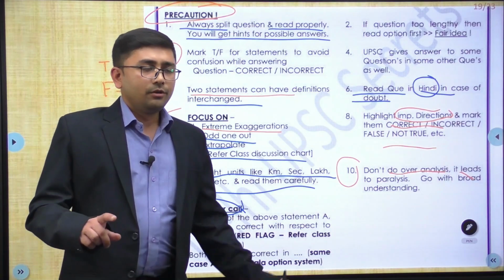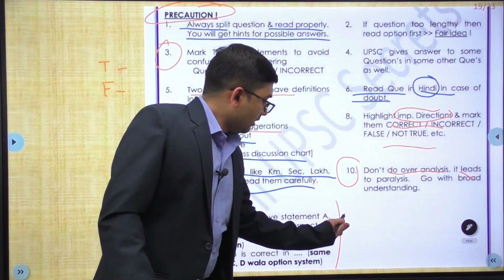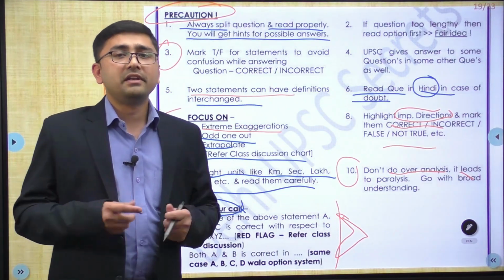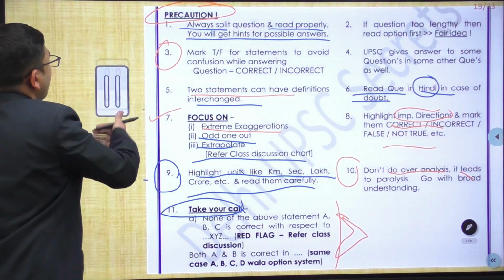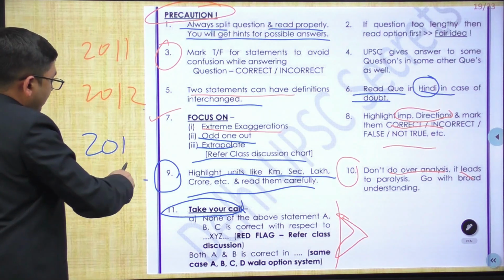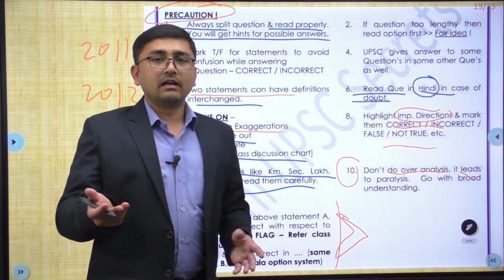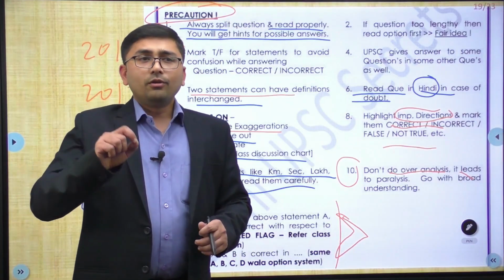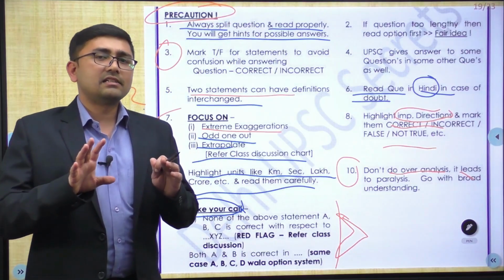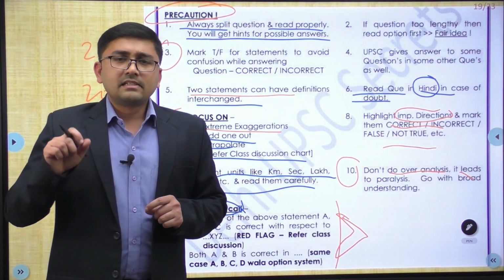Take your call. There is one pattern, and I always told students that such kinds of patterns may repeat in upcoming years, because this pattern was in 2011, 2012 and 2015, some in 2016, and may come in the upcoming year also. There will be an option that acts as a hint to eliminate: none of the above A, B, C is correct in this context.